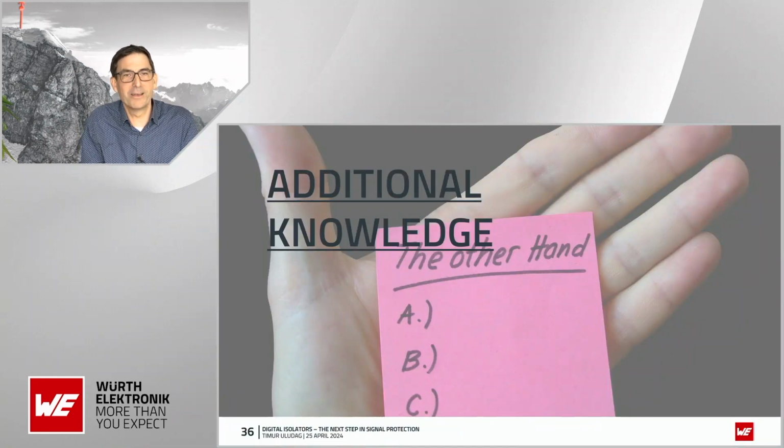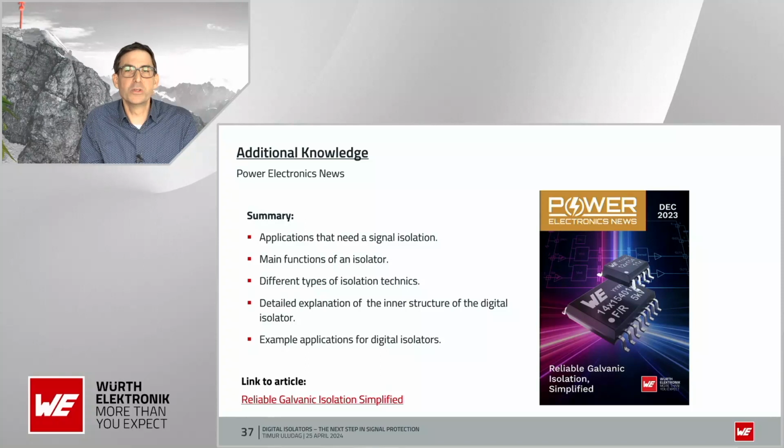What else do we have as additional knowledge? Recently, we released an article in Power Electronics News that enlightens a little bit more in depth the applications that need a digital isolator, the functions of digital isolators, but also the different types of isolation techniques.